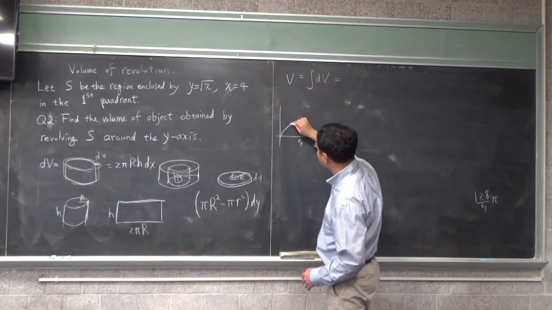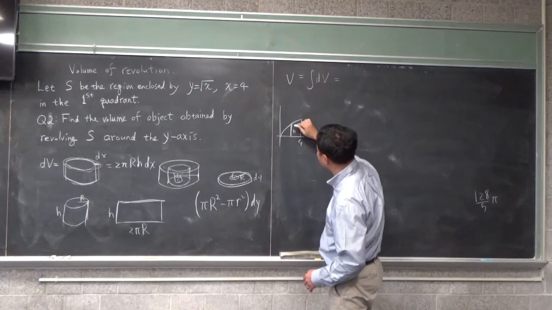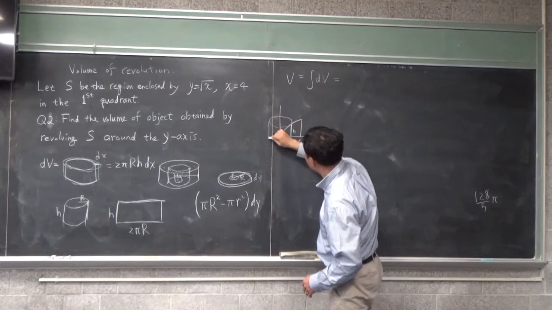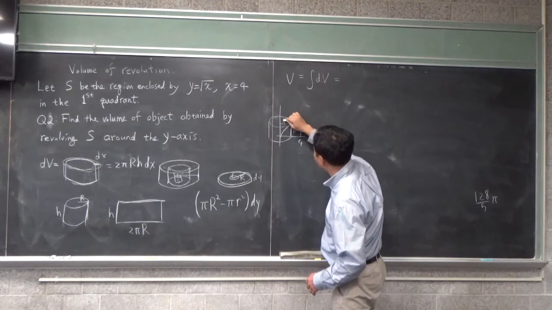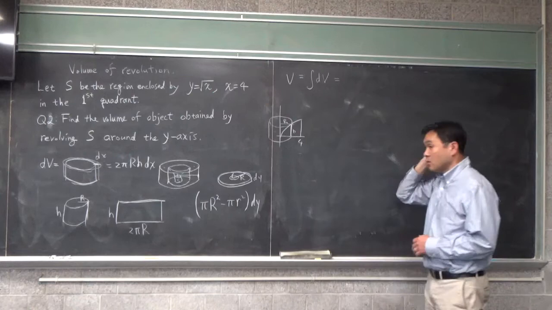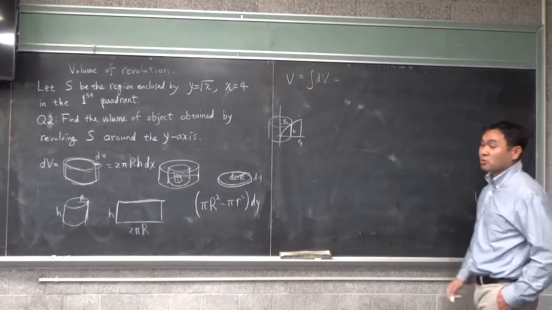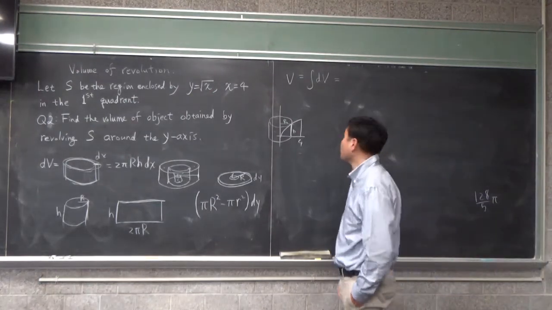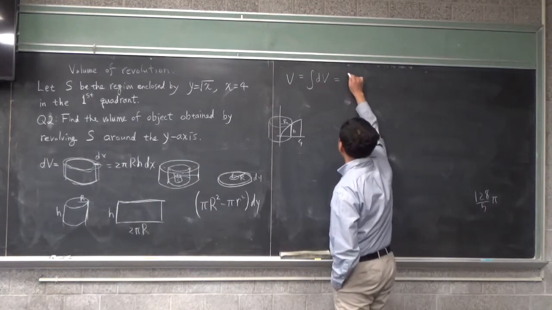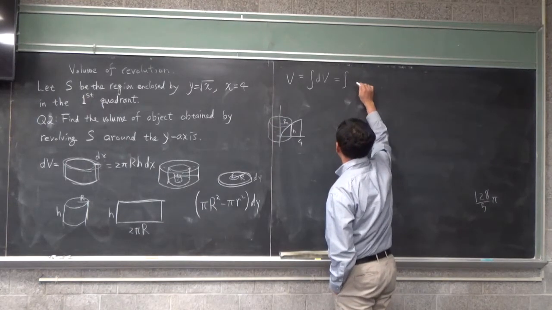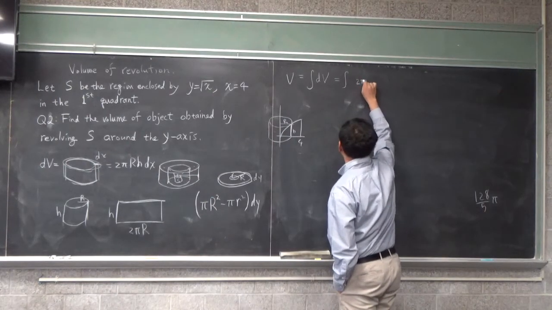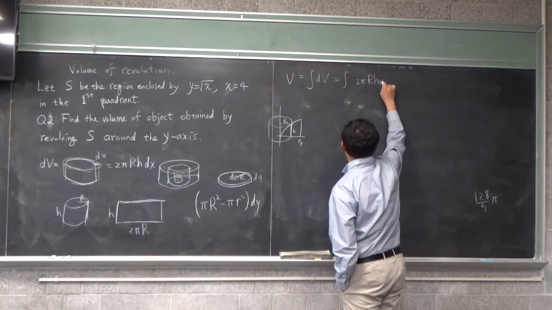Our cylinders are like this. You have this as your height, and this is your radius r. Both should be changing as you change the value of x. So we want to add up 2 pi R h dx.